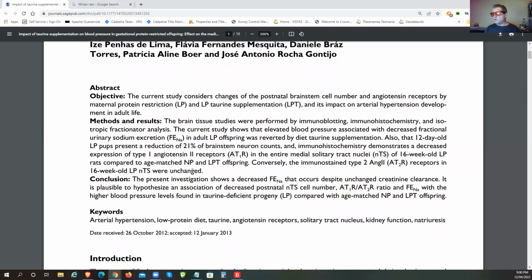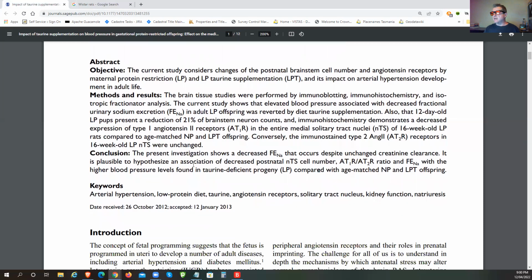So we're basically looking at over this sort of period excretion rates, and then we're looking at reabsorption. Also we're looking at the actual cell reduction numbers, and high blood pressure in the progeny.